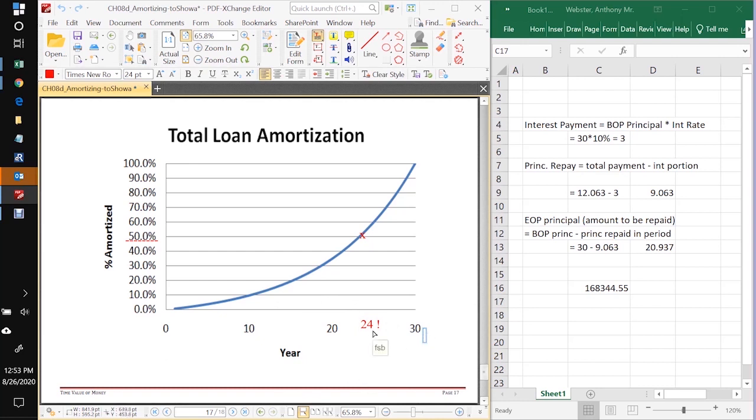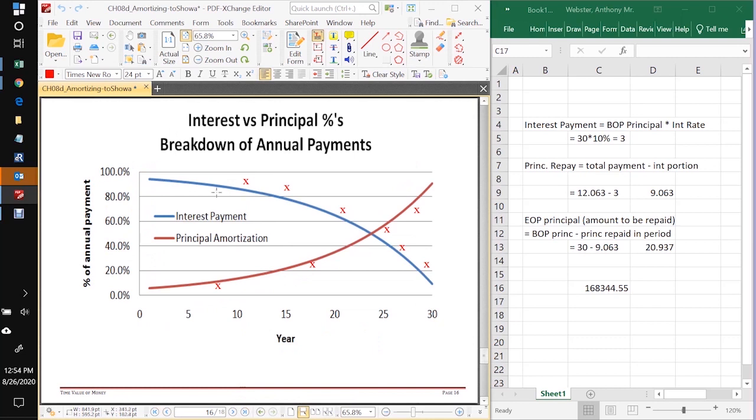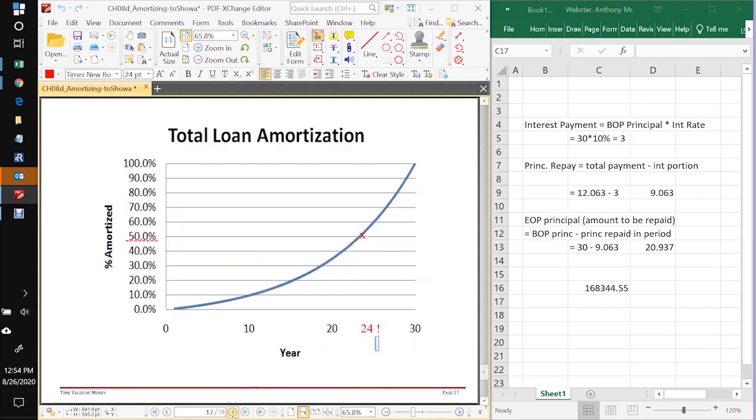And that, of course, the lenders love, right? Because if something goes wrong, right? They still have the lion's share of the equity for a long time, and they're getting these big interest payments from you for a long time.